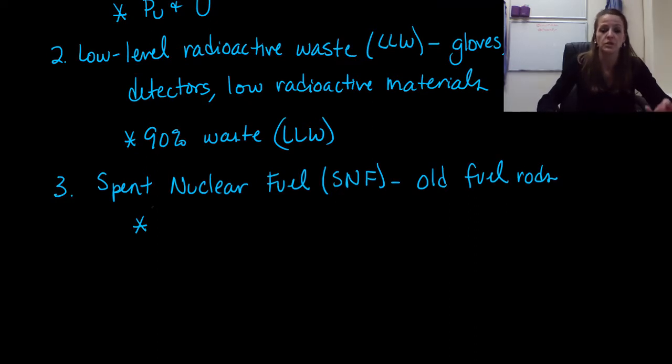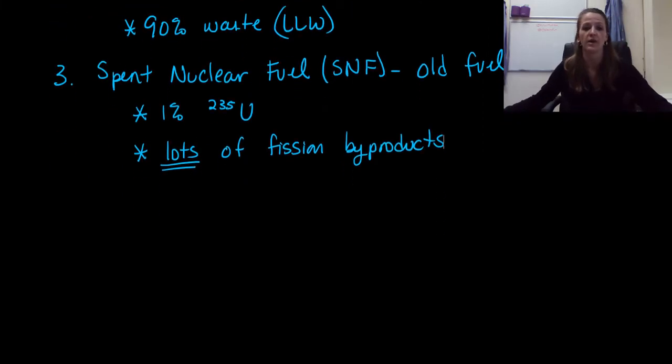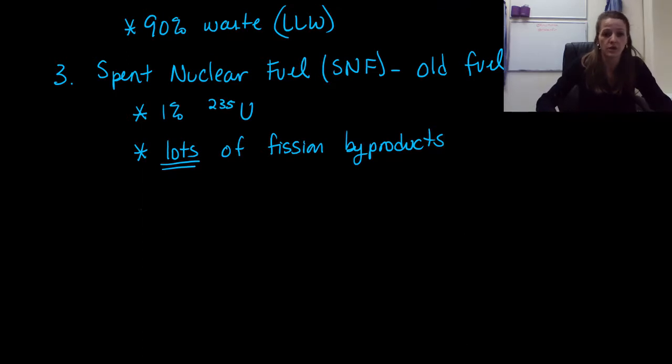Usually, these spent nuclear fuel rods have about 1% of uranium-235 inside of them still. What that means is there are lots of fission byproducts. Okay, these things are not safe. You do not want to be hanging around spent nuclear fuel rods if you can avoid it. We also know that there is plutonium-239 in here, which is a huge international security risk.